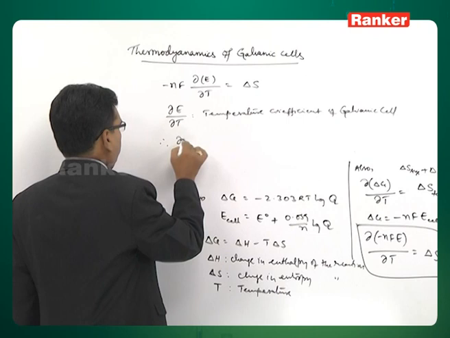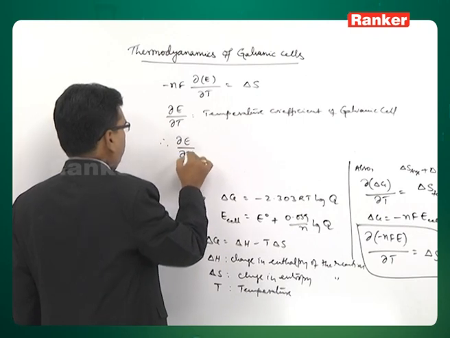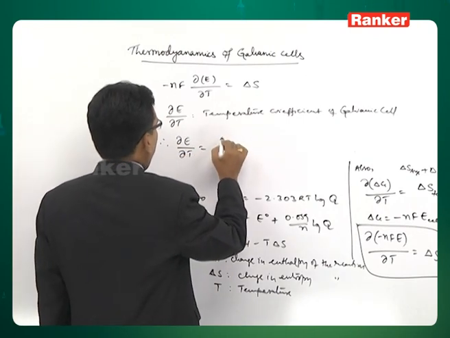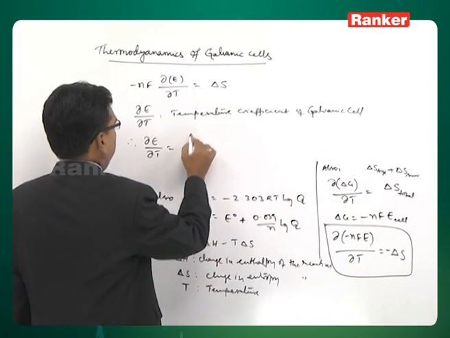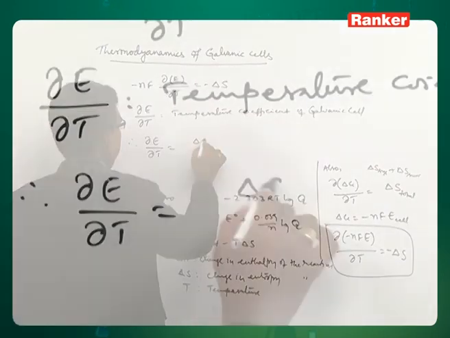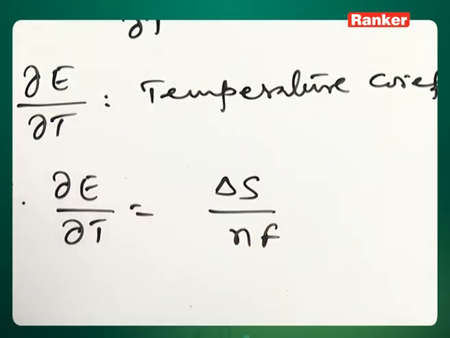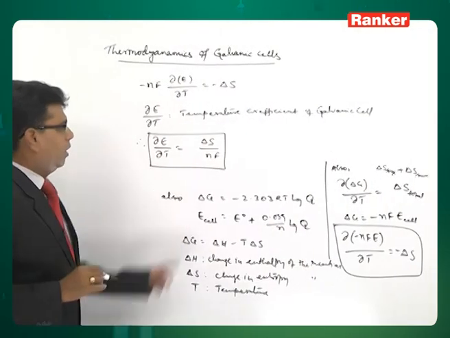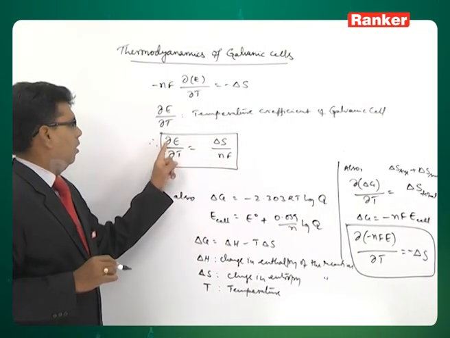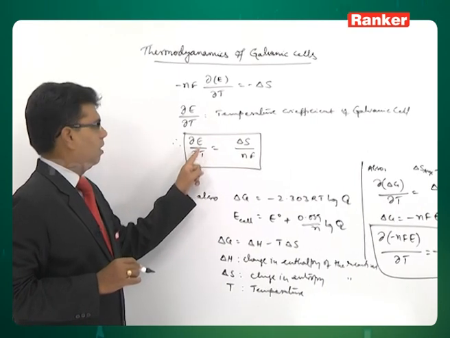Therefore, now this temperature coefficient dou E by dou T is equal to delta S by nF. Dou E by dou T is equal to delta S by nF, because dou E by dou T is the temperature coefficient.